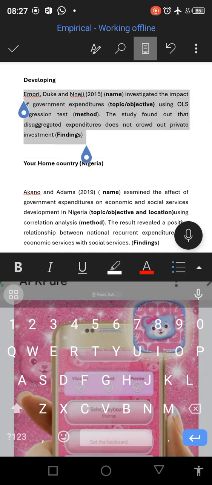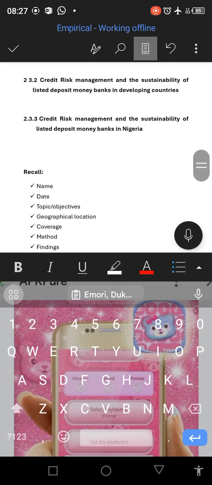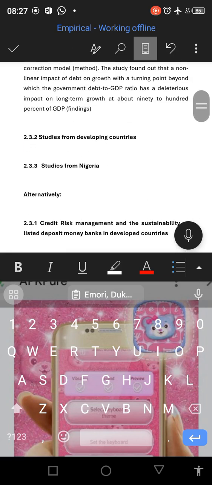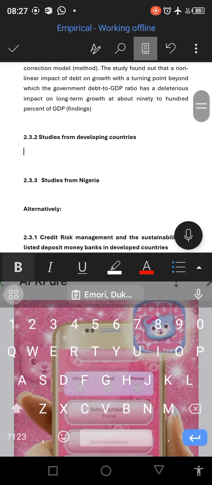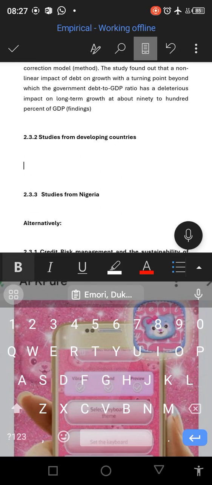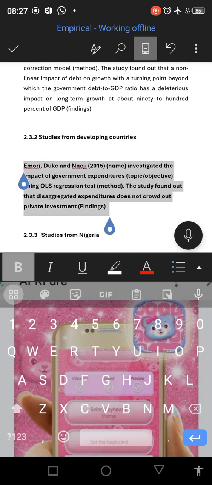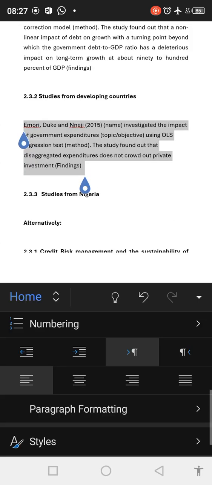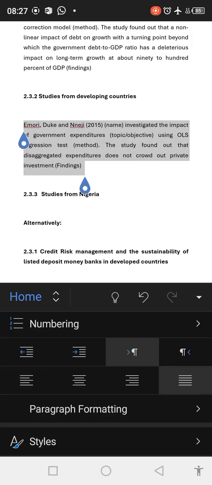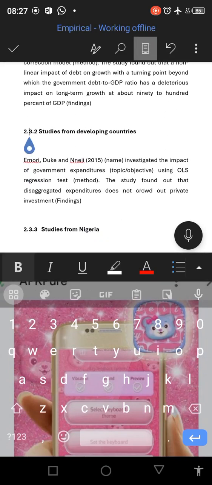Alright, I will carry this again. I will copy it and come and paste it under my studies from my developing countries, so that we understand what we are talking about better. Okay, let's remove the boldness and I'll come here and justify. I'll do the same thing also.